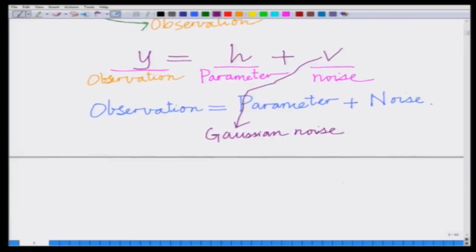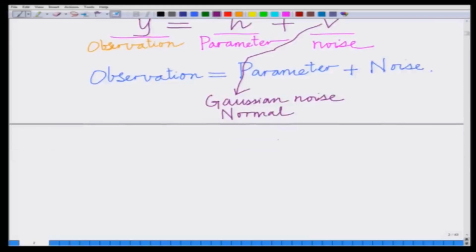That is, the noise is Gaussian, or normal, in nature, that is, the noise has a probability density function, or PDF, which is Gaussian or normal.